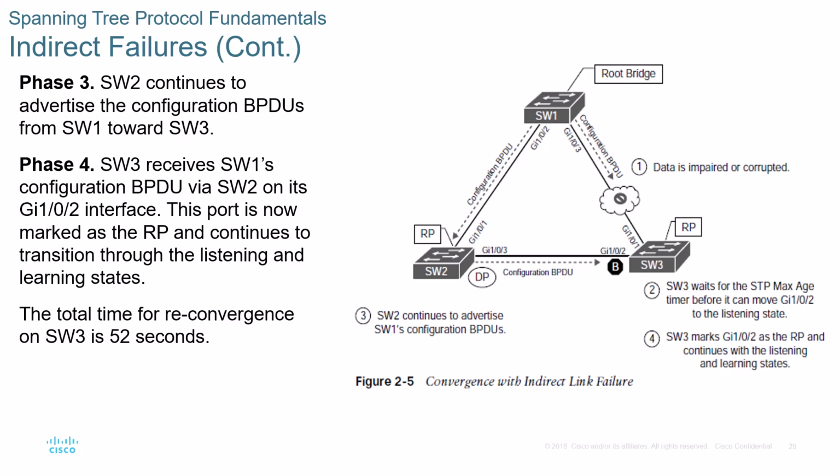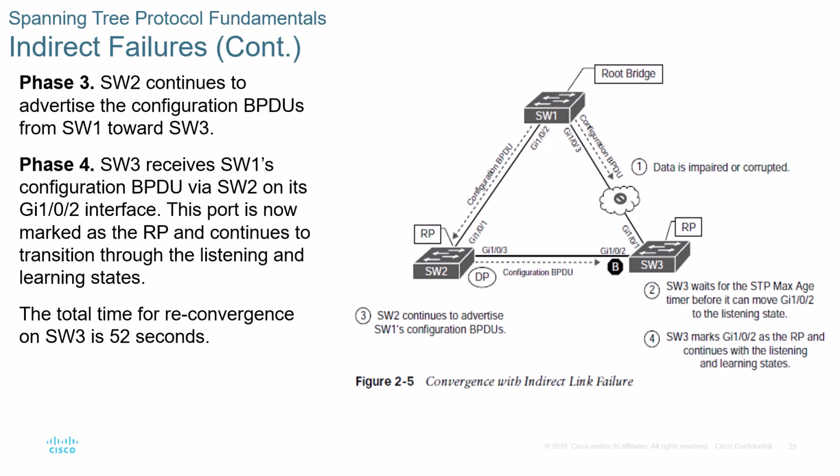After that, we go to phase 3, where switch 2 will continue to advertise the configuration BPDUs from switch 1 towards switch 3. Then in phase 4, SW3 will receive the switch 1 configuration BPDU via switch 2 on its Gig 0/2 interface, which was formerly blocked but now is in a listening state, so that it can identify the impaired or corrupted link and then adjust that to a blocking state.